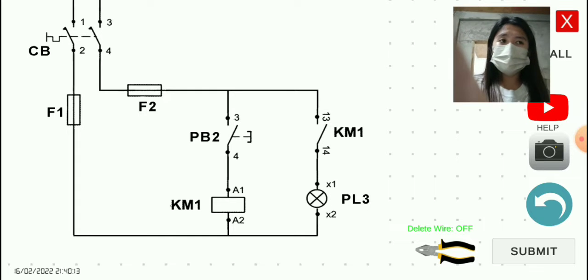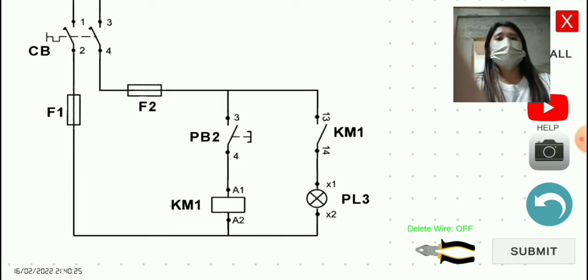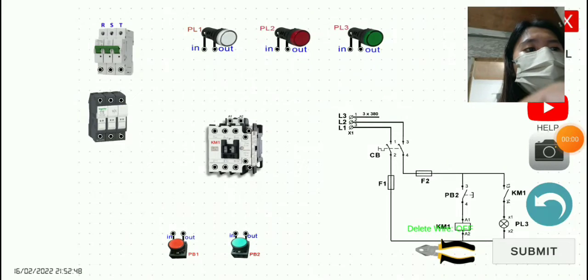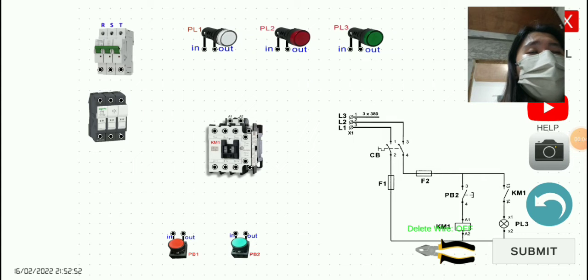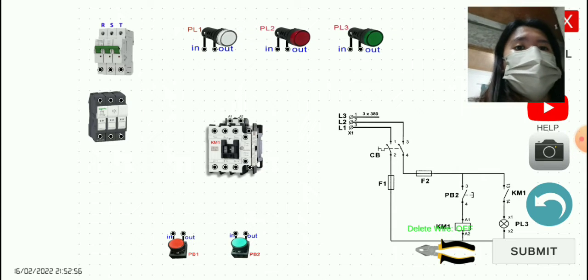But if we press it, it will do the same: there will be current flow, this will be closed, and the PL3 will be turned on. Now we will try to wire it and simulate the functionality later.